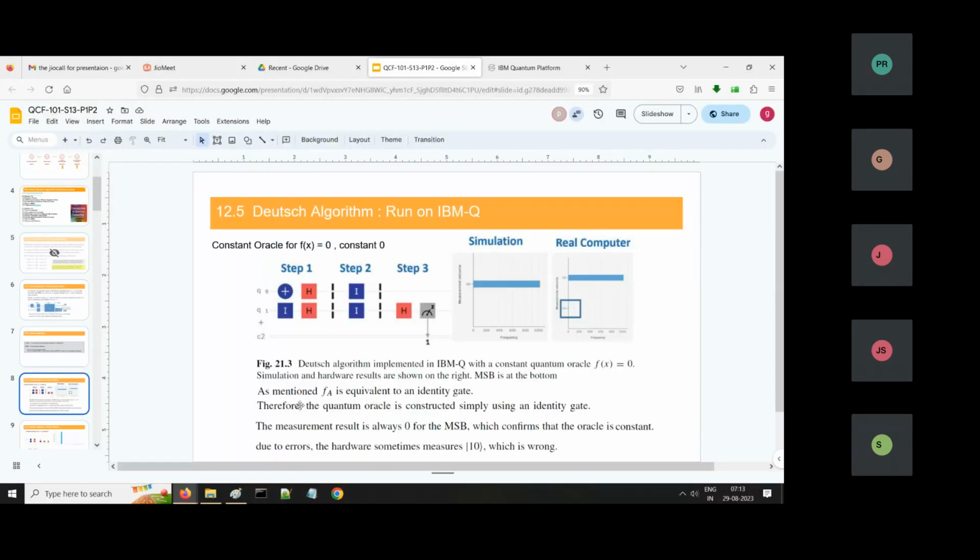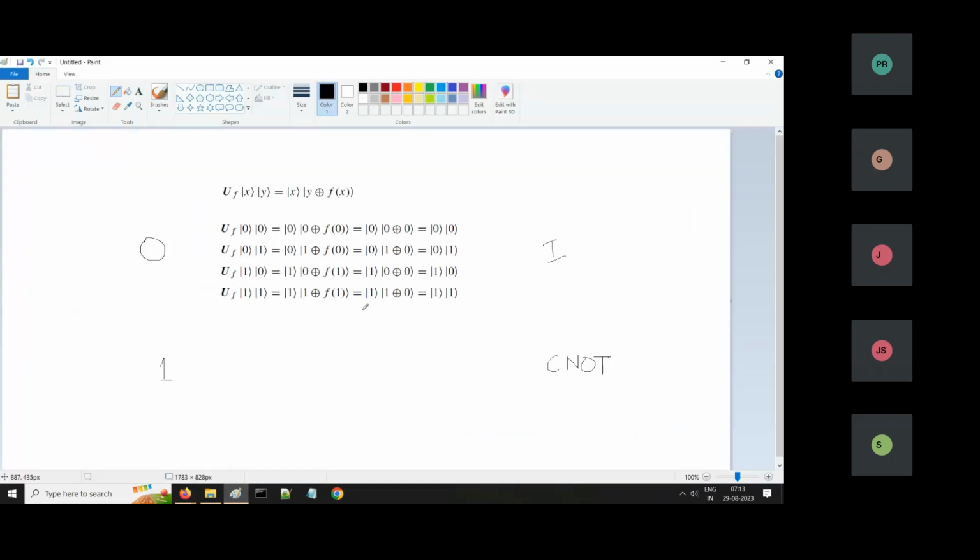Let me also quickly take you back to what we mean by all of this, for the benefit of participants who missed out the last time. Remember, this is what we are trying to implement. This is the overall behavior of UF. The UF operates on ket x, ket y: ket x is retained as it is, and ket y is operated with the exclusive OR operator on the function f of x.